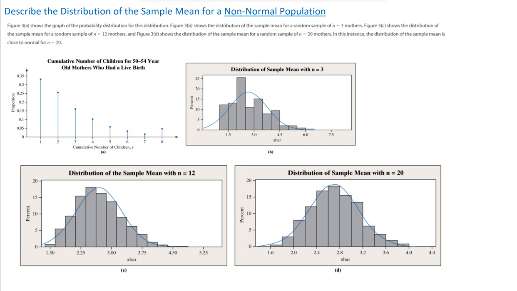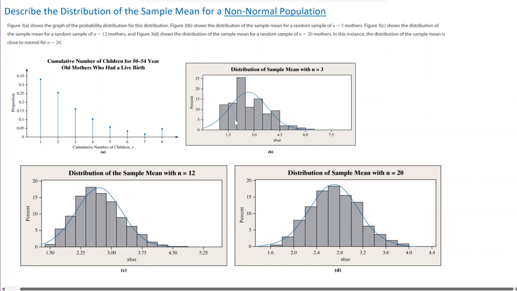What this is telling us is that when we have a population that is not normal, and we find the sample mean from a sample that came from that non-normal population, the larger the sample size, the more normal my distribution becomes. And it really depends on how skewed your population data is as to how quickly your sample means are going to start to move into that normal shape.